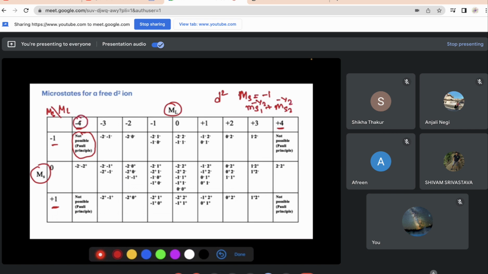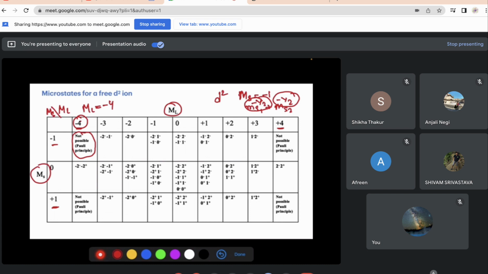Also minus 4 gives me the ML value, so two electrons cannot be in the same orbital with the same spin.